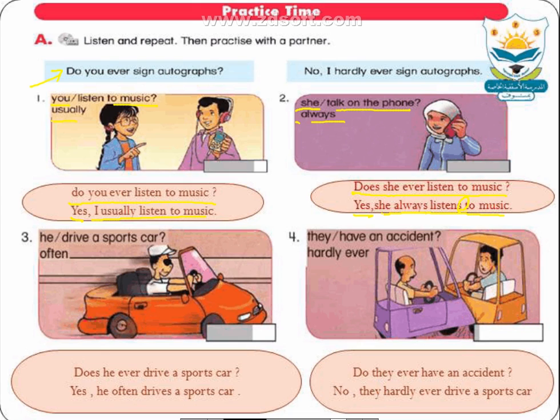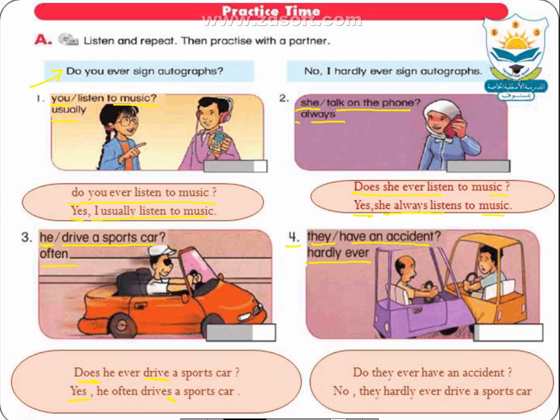Okay? And now number 3. He drives a sports car often. Does he ever drive a sports car? Yes, he often drives a sports car. Number 4, they have an accident? Hardly ever.